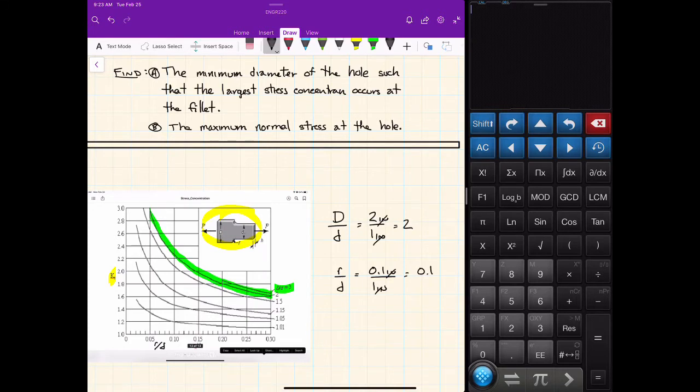So we'll use the r over d ratio of 0.1. Where does that intercept our trace labeled 2? That number we can read off as K, the stress concentration factor. From our graph, it looks like K is going to be 2.25.